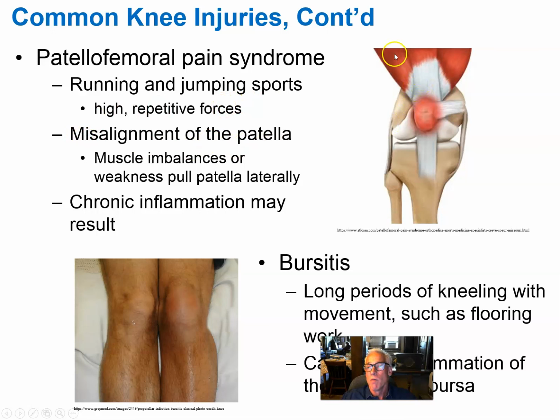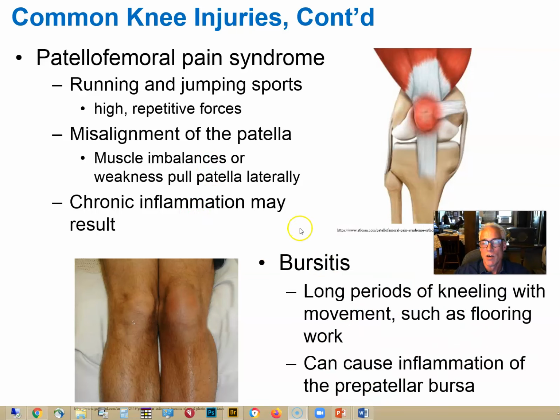Also, if there's misalignment such that the quadriceps group of muscles pulls the patella slightly off center as the knee joint extends, when tension is placed on the patella, that will also produce an imbalance of forces and an excess rubbing on one condyle, and eventually some inflammation and chronic pain may ensue, and it may require some physical therapy to figure out how to correct that imbalance.